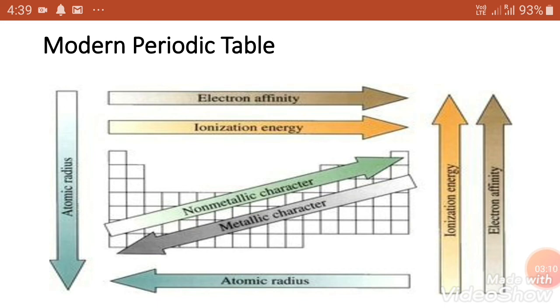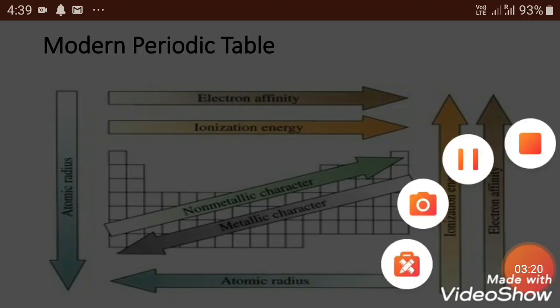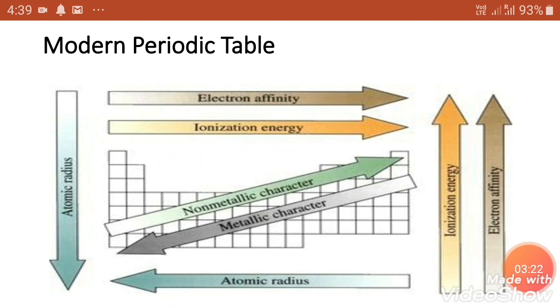As the atomic number increases, the number of electron shells also increases, due to which the atomic radius of the elements increases. Also, at the bottom you can see the atomic radius from right to left is increasing, and from left to right it's decreasing.